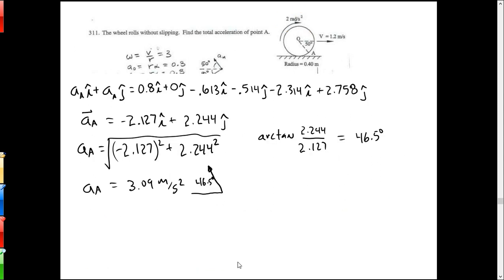And that just looks like that. So that's the first one. That one's fairly straightforward. You just add up the 3 different things together. That's all you have to do.